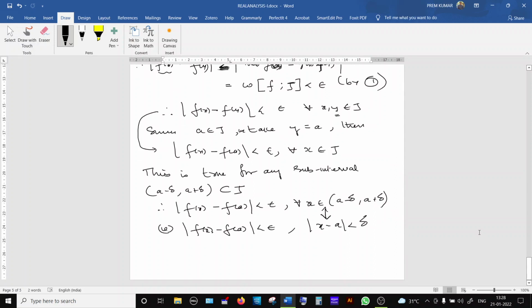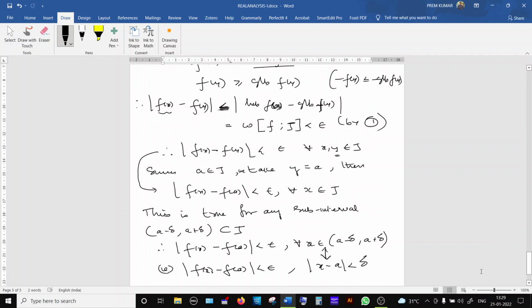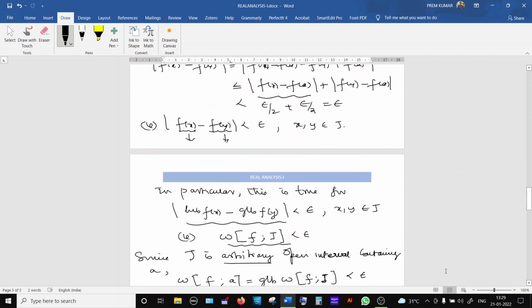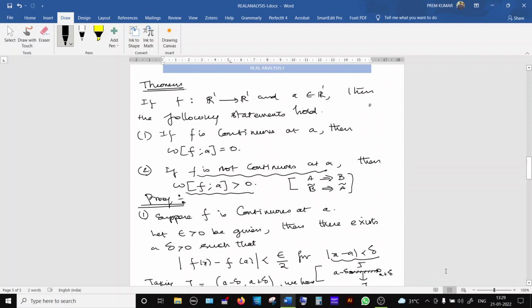So what does this tell us? Because epsilon is arbitrary, as per the definition, f is continuous at the point A. And this is a contradiction. So what is the proof of 2? We have to prove that if f is not continuous at A, then the oscillation should be greater than 0.